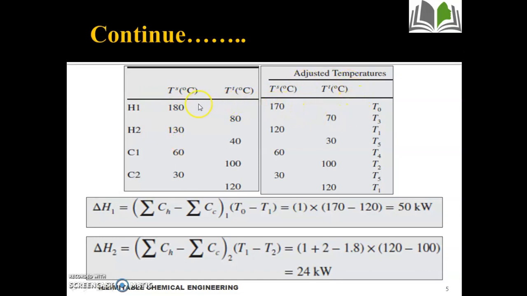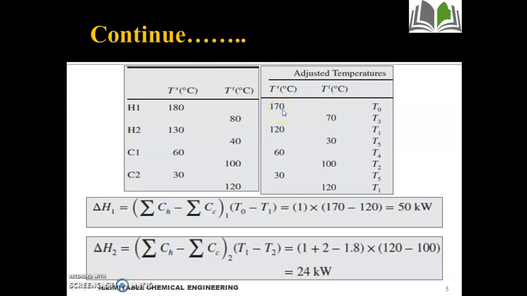How will we adjust? We subtract delta T minimum from the source temperature. So 180 minus delta T minimum, here 10 degrees Celsius, is 170.